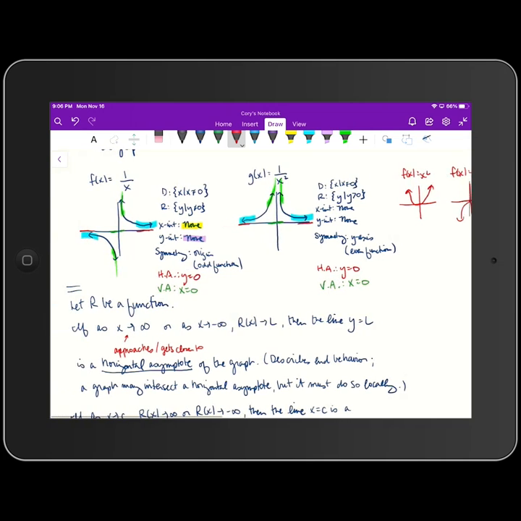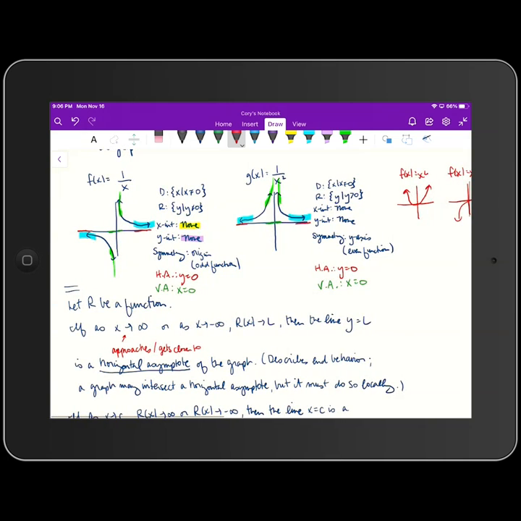Well, when we look at our denominator, for this function it's x to the first power, for this function it's x squared, the multiplicity of our 0 on the bottom also tells us something about the graph of a rational function.